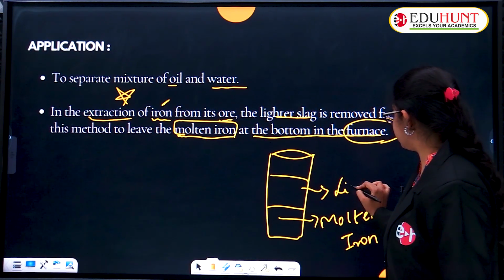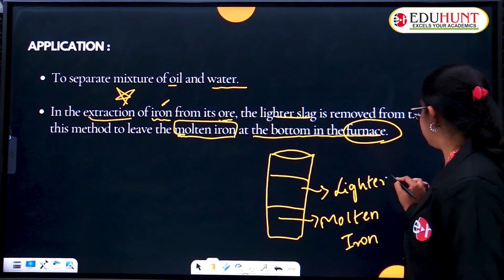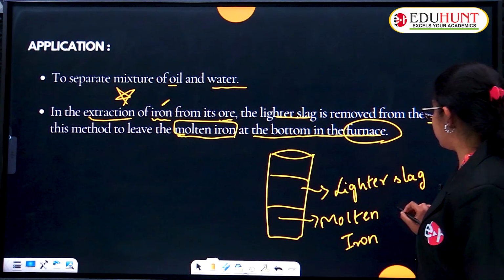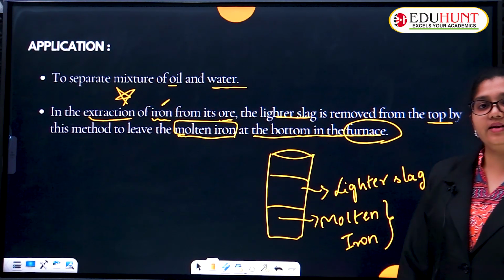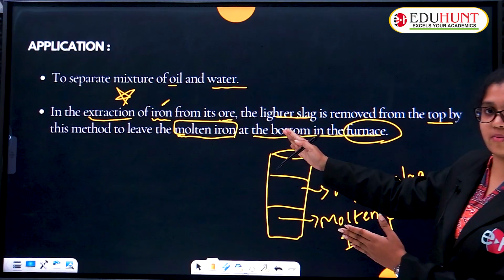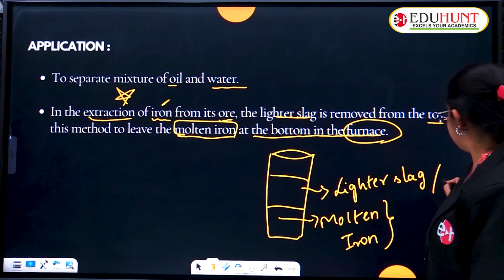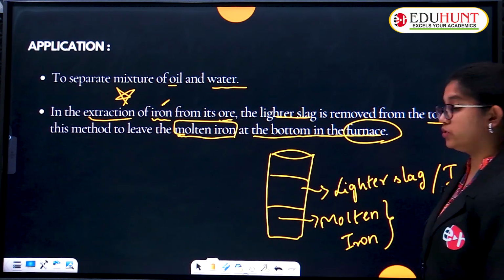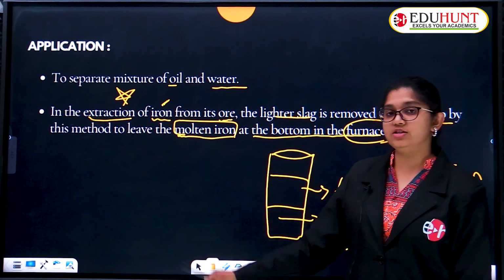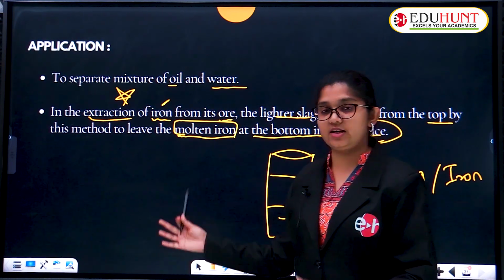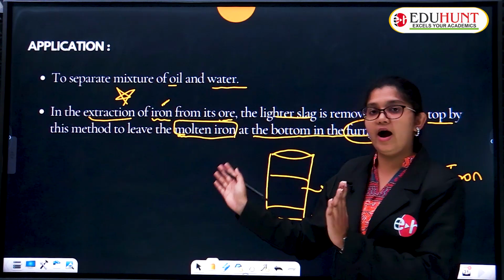The lighter slag is removed from the top so that the molten iron is left behind in the extraction of iron from the ore. This is the process we do as an application of the separation of two immiscible liquids. We can take it like this for the application of extracting iron from its ore also.